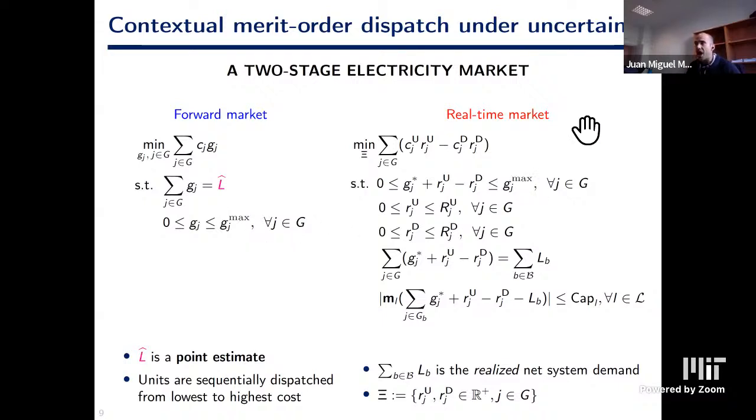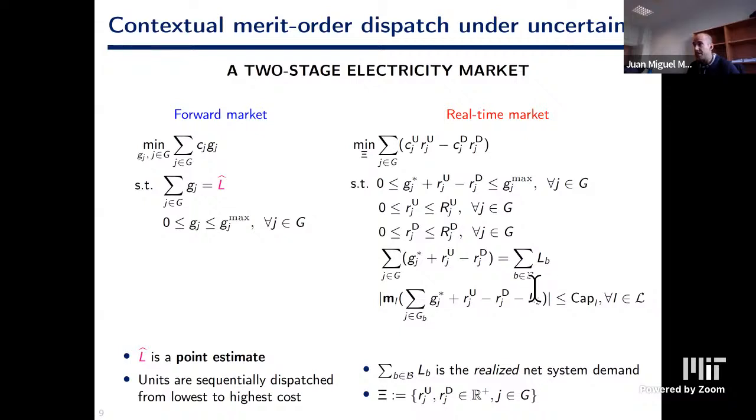Then we have a real-time market that takes as input the forward dispatch, which we denote with g_j star, and where upward and downward regulation is deployed at marginal cost c_j^U and c_j^D to ensure the power balance that we have here between generation and demand during the real-time operation of the power system. This L_b here is the realized system demand per node.